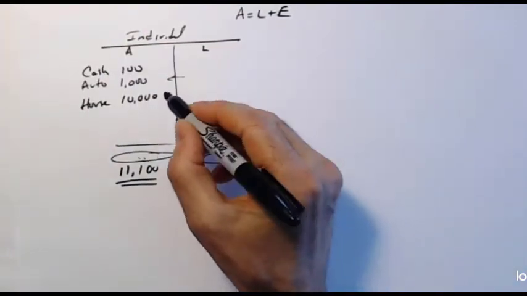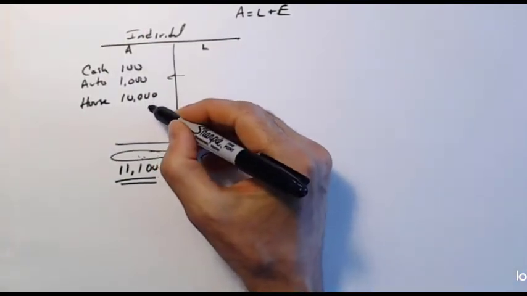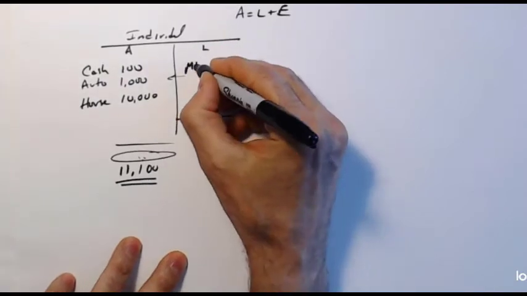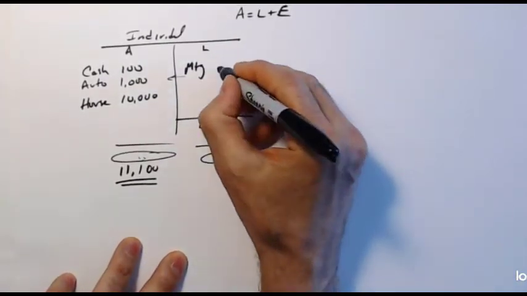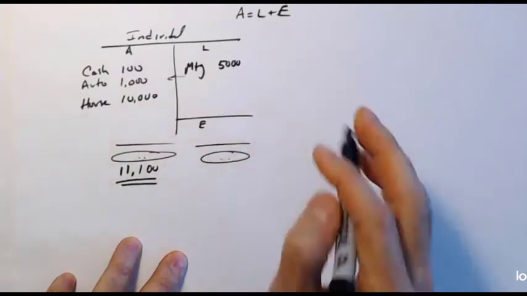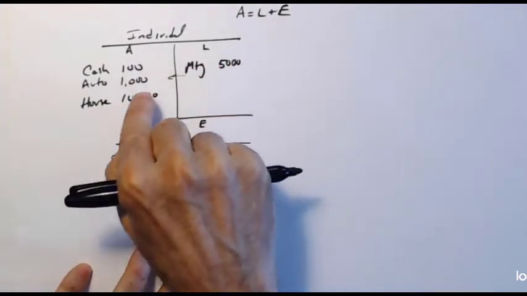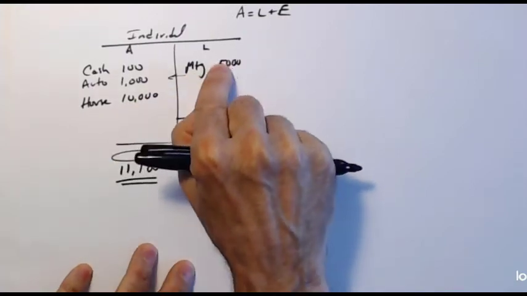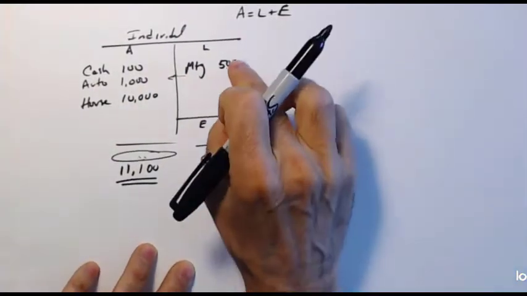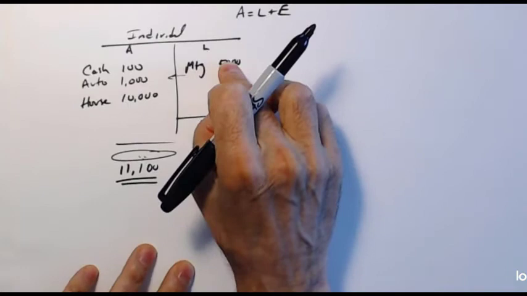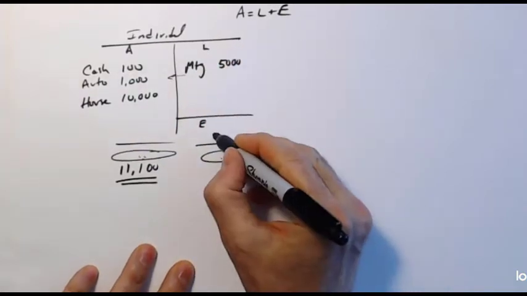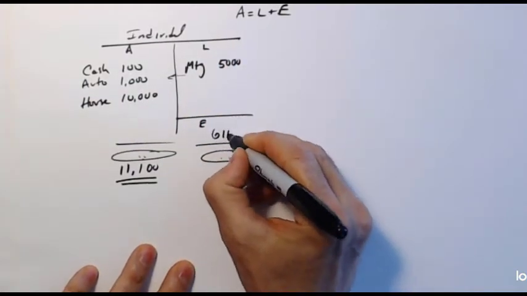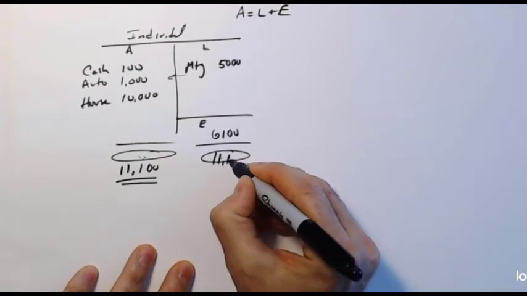Now, this individual may not have paid for the house 100% themselves, so they may have a mortgage at this point. And that's a liability. Let's say it's $5,000. So they have, at this point, $10,000 minus the 5. That's the equity they have in their house. Okay, if that's their only liability, then their equity must be worth $6,100 to get this to balance to $11,100.